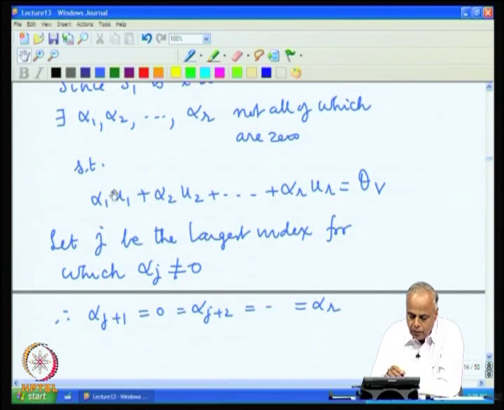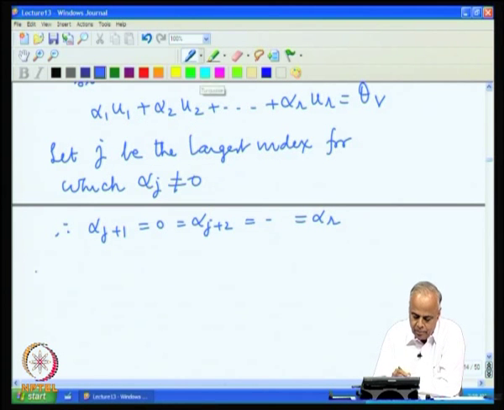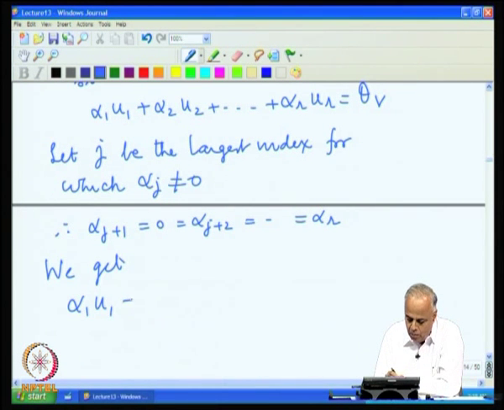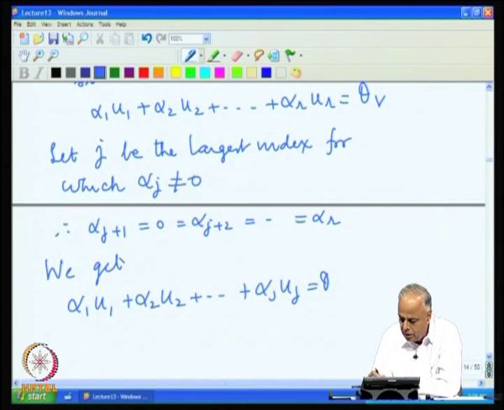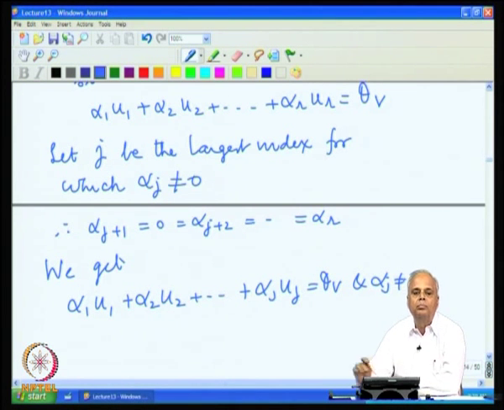Suppose U1, U2, UR are linearly independent, then we must have a combination like this. Since beyond j, the alphas are all 0, this sum will terminate at alpha j uj. So, we get alpha 1 U1 plus alpha 2 U2 plus alpha j uj is the 0 vector, and alpha j is not 0.